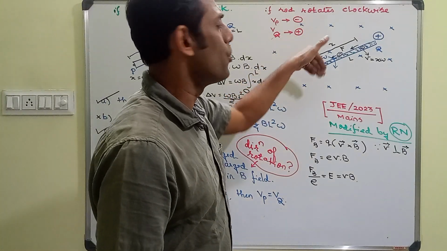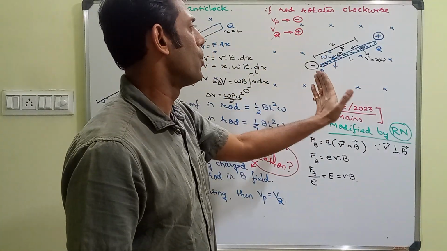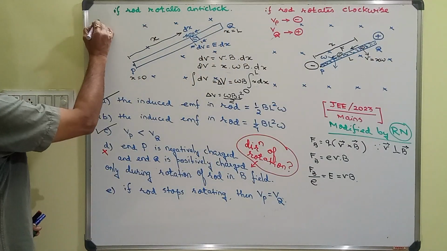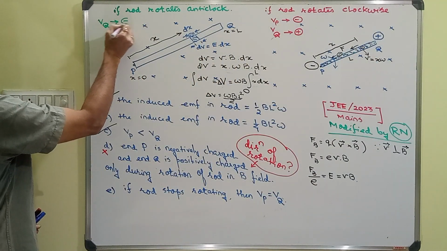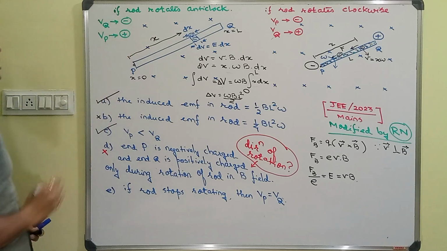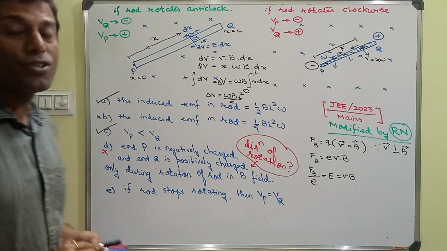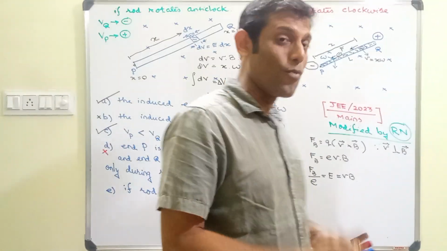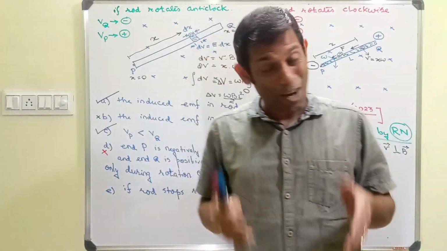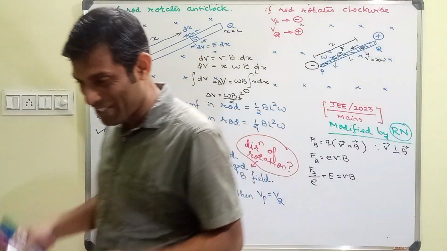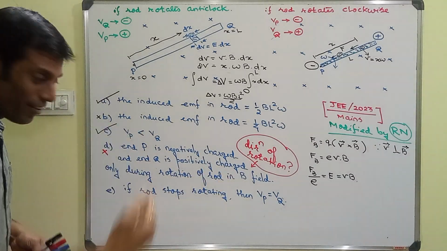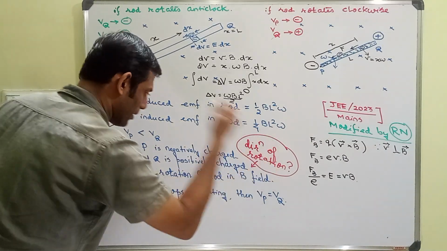V cross B will push the electron to the end of Q. Then VQ would turn negative, and Q would be negatively charged, and VP would be positively charged. Do you see this difference? This makes this question extremely special if we modify this as I have done. This is a peculiarity of physics by Rn. Now you see, this option is wrong in general sense, so this is not given.